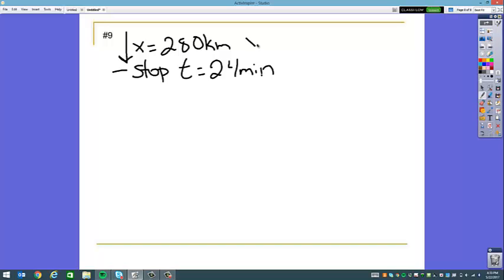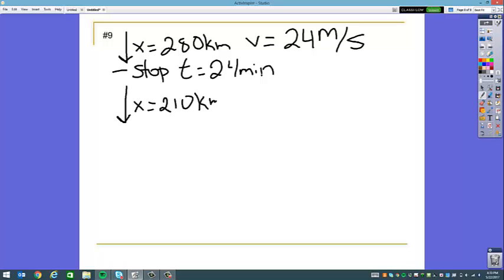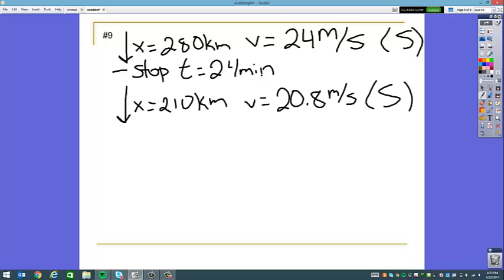I also know during the first part, sorry, I forgot about that, your velocity is 24 meters per second. And then I continue again. Now my displacement is 210 kilometers, again south, with the down arrow, and my velocity is 20.8 meters per second. Both of those are south, so I'm going to add a little S next to those so I know.